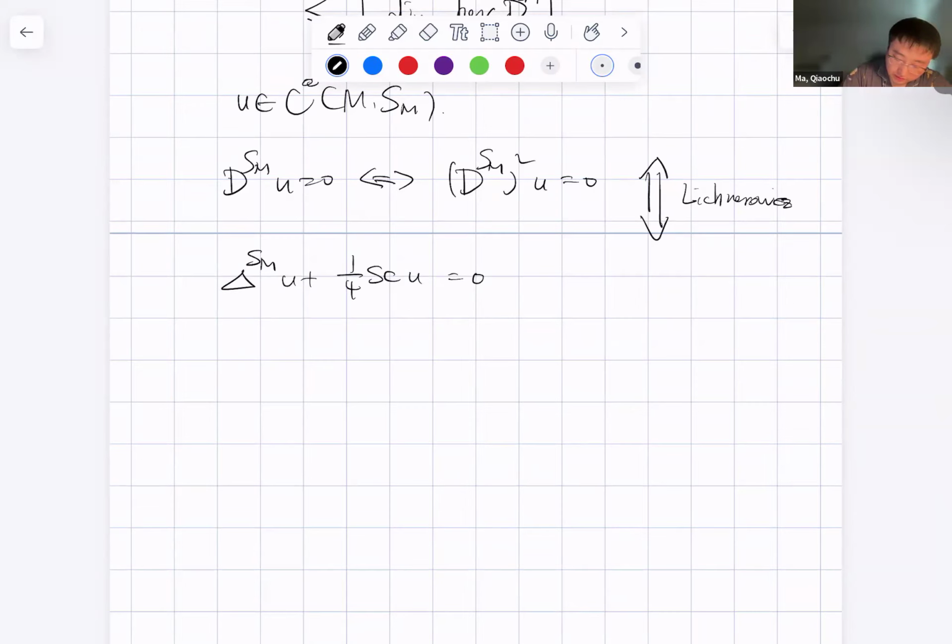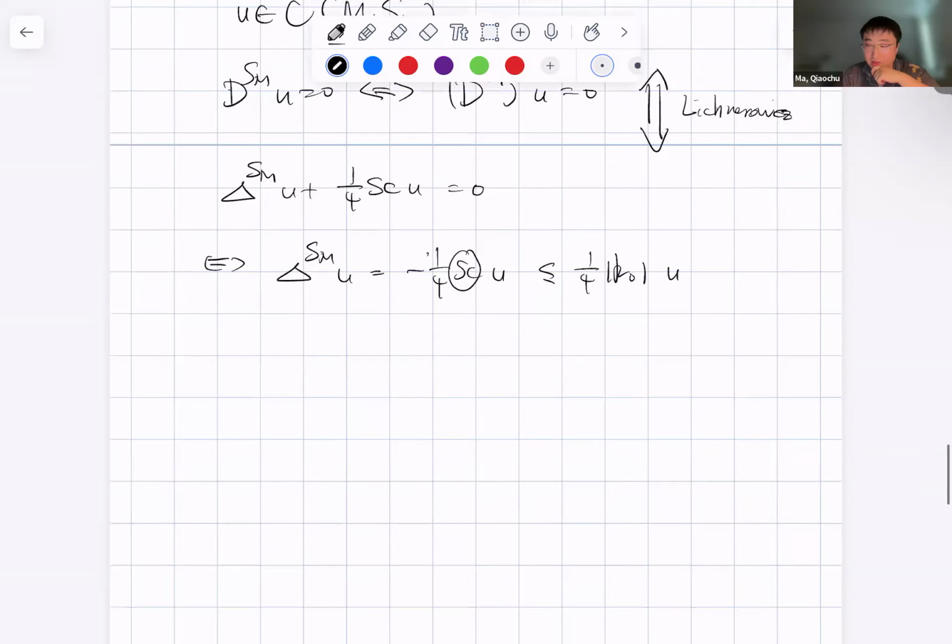Equivalently, since the scalar curvature has lower bound K0, this part is less or equal to the absolute value of K0 times u.